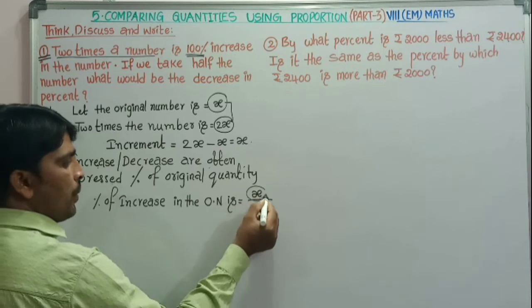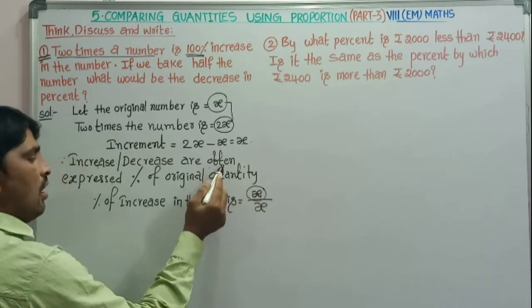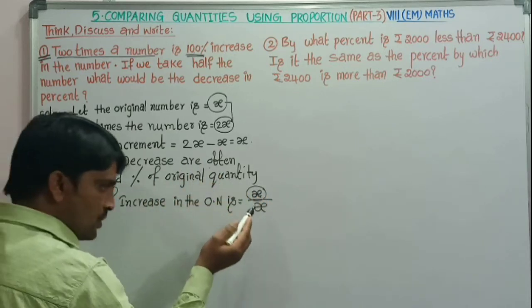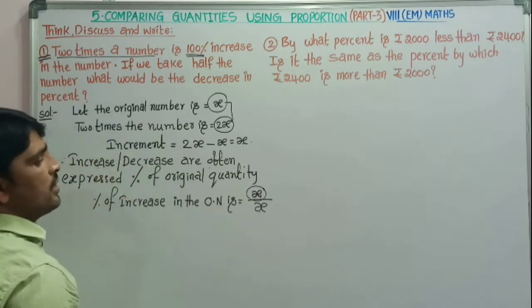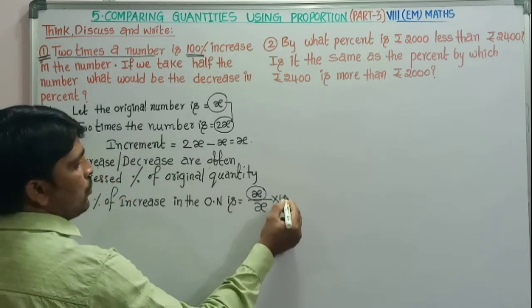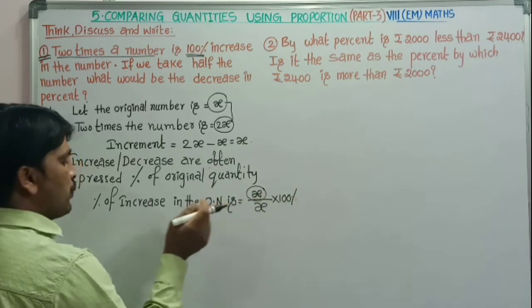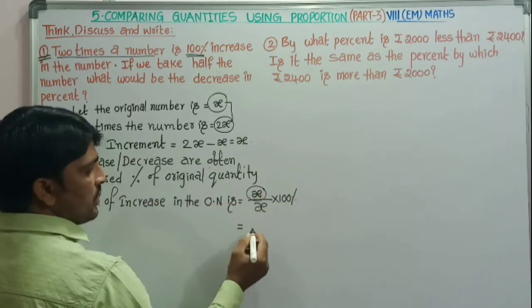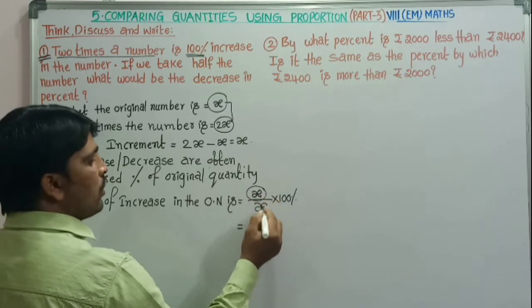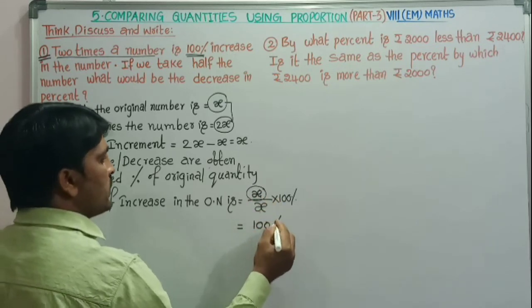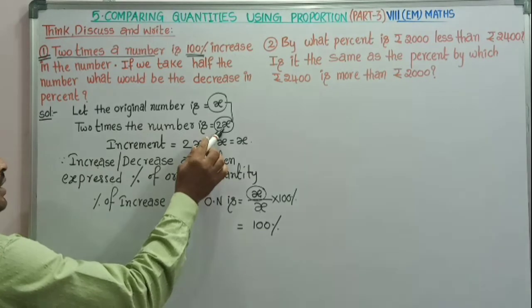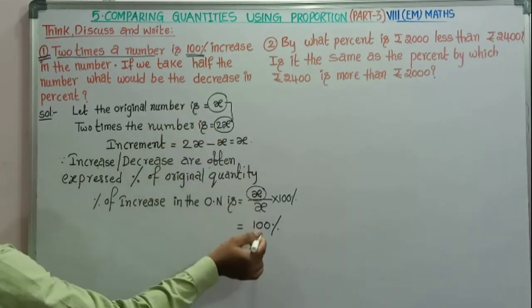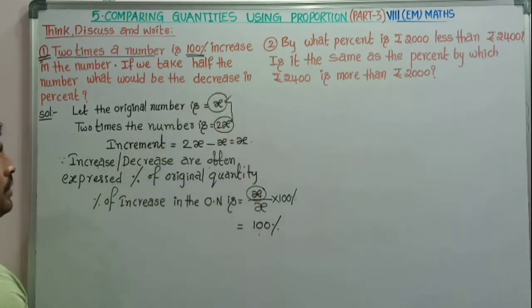Since increment or decrement are expressed as a percentage of the original quantity, the denominator is the original quantity, into 100%. Since we have to find the percentage of increase, we multiply with 100%. x by x is 1, into 100%, that is 100%. Yes, 2 times a number is a 100% increase in the number.